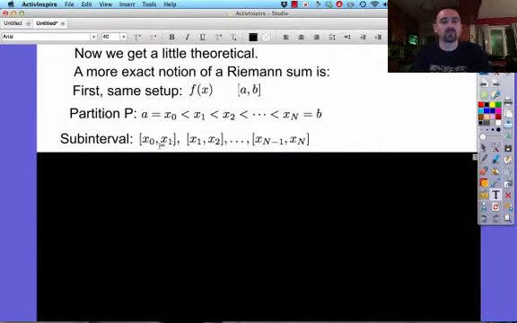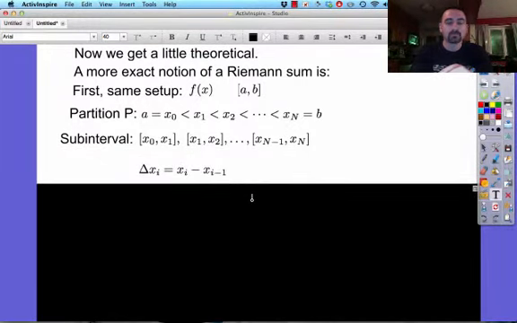The first subinterval goes from x sub 0 to x sub 1, then x sub 1 to x sub 2, all the way up to the second to last point and the last point. These are the subintervals based on this partition P. Again, the only difference here is we're not requiring these all to have the same length. These subintervals may be different lengths. That's okay in this case.